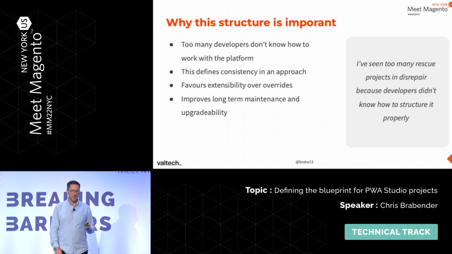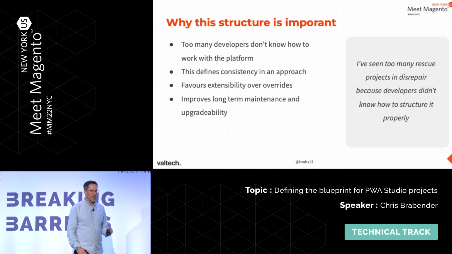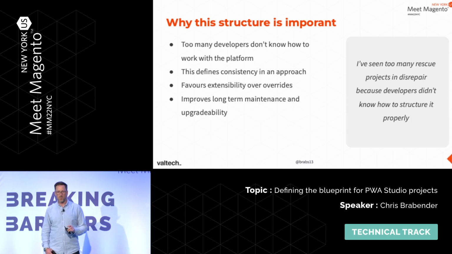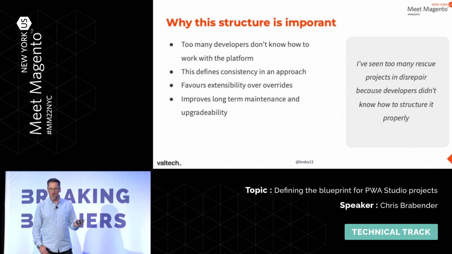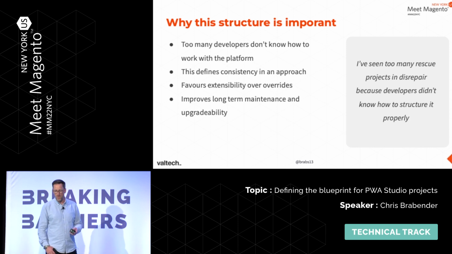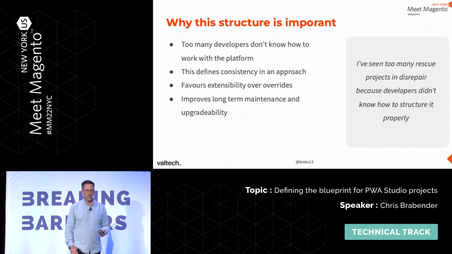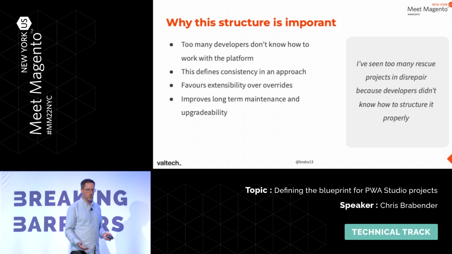And the goal here is to favor extensibility over any core overrides. And the reason we want to do that is we want to improve the long-term maintenance and upgradeability of the platform. I've seen far too many projects come to me in disrepair. They don't have a path forward to upgrade because the developers who implemented that just didn't know how to structure the project properly.